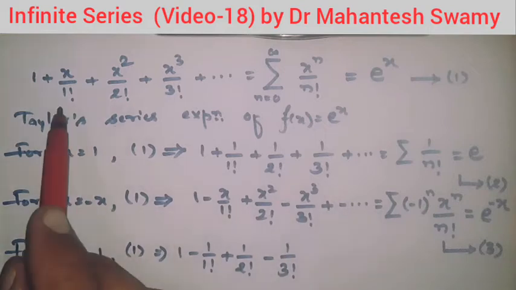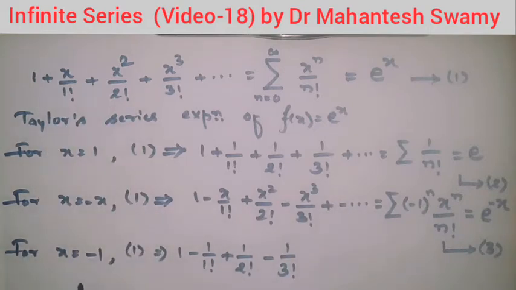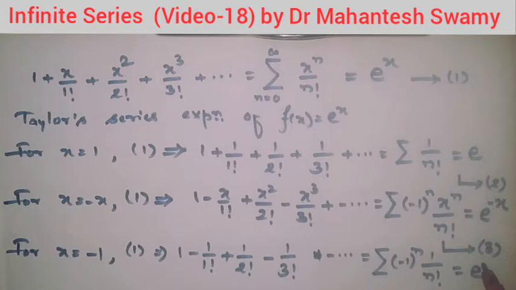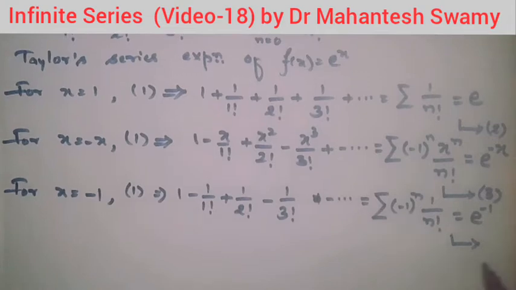When we substitute, all odd powers of x will have a minus sign, all even powers of x will have a plus sign, and the 1 in the numerator remains as it is, so it goes plus minus dot dot dot. In symbolic form, it is an alternating series again, minus 1 to the power n into 1 divided by n factorial, and the answer is e to the power of minus 1. Let us take this series as series number 4. So we have these 4 series in hand.